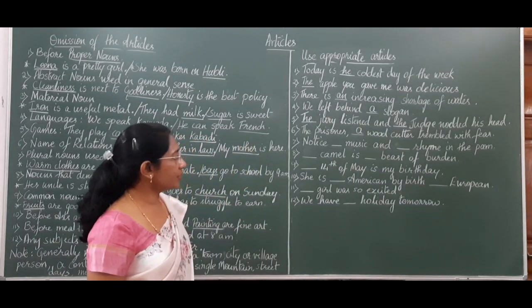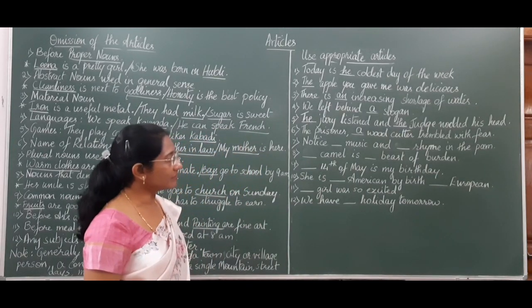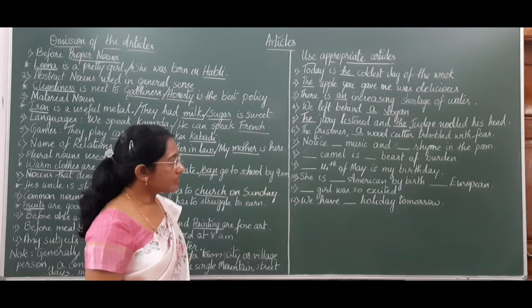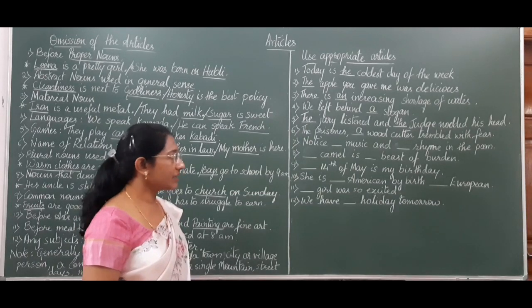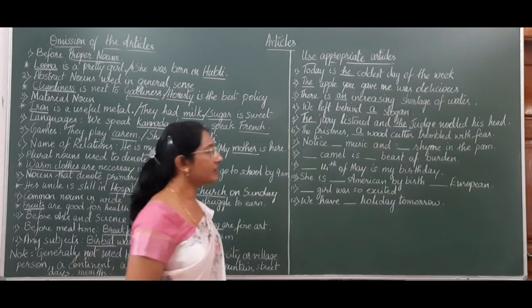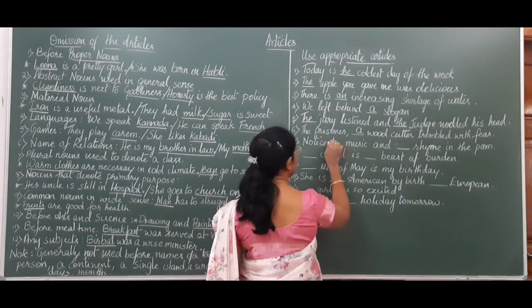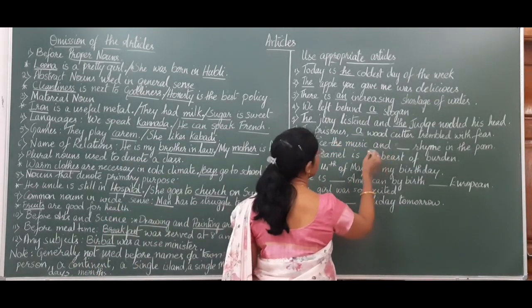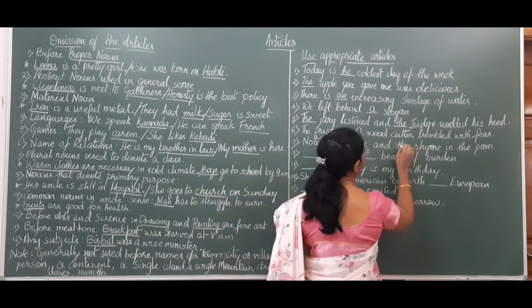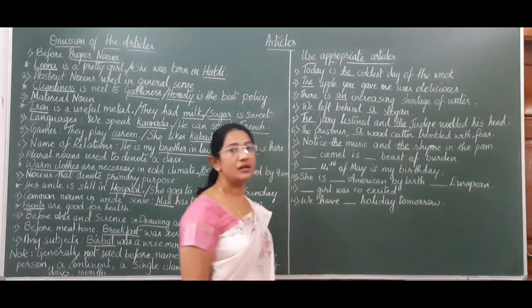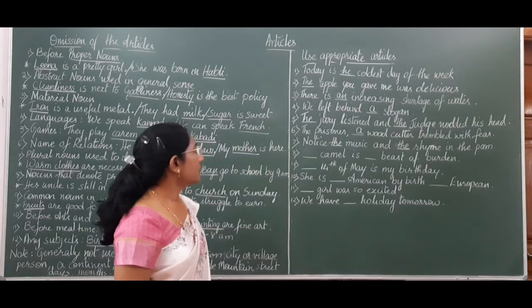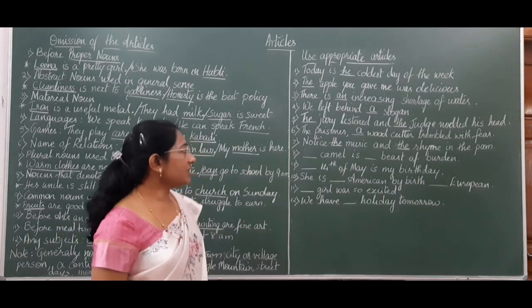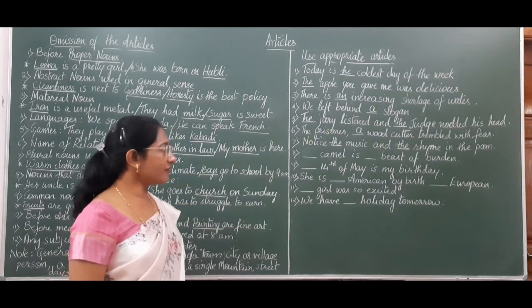Notice dash music and dash rhythm in the poem. So it is a particular music and a particular rhythm. So you use the definite article: the music and the rhythm in the poem. Dash camel is dash beast of burden.